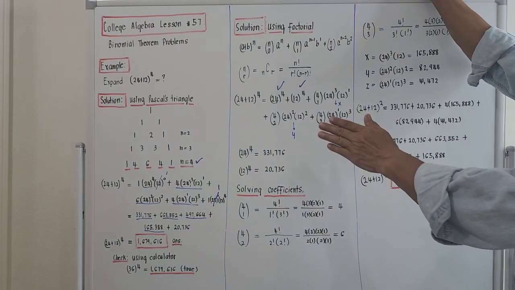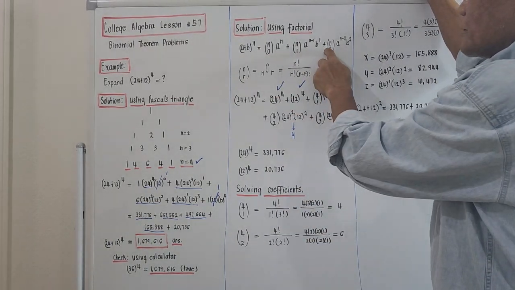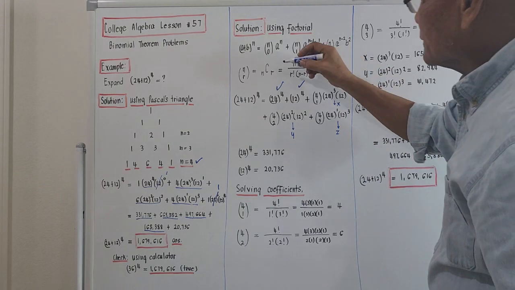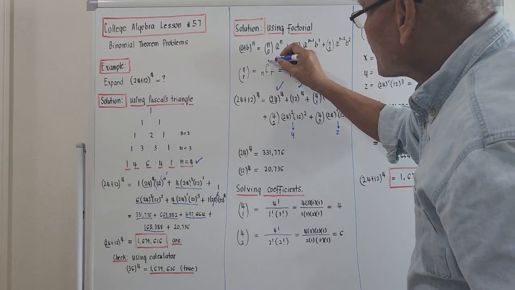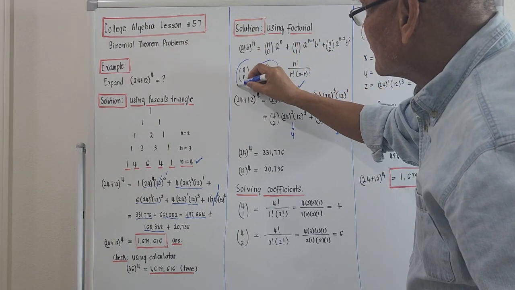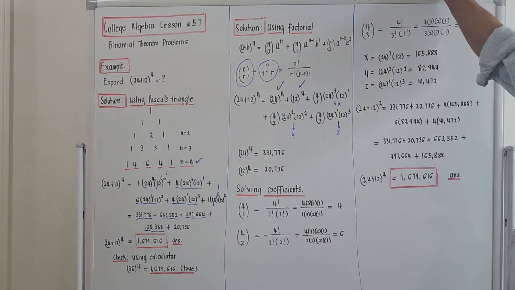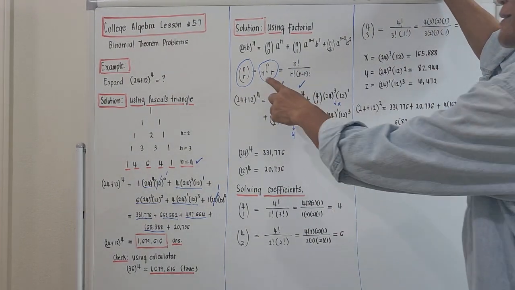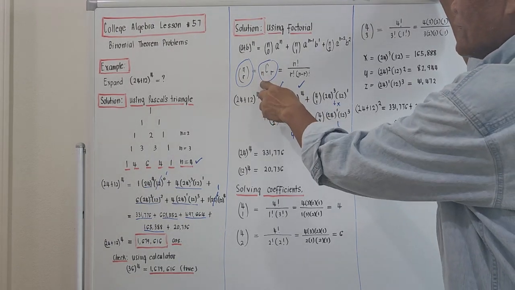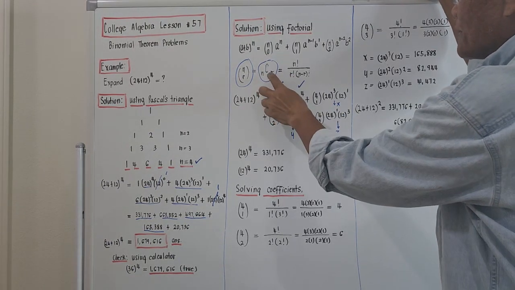And to compute the coefficient in each of the terms, the formula is this one. This is my first time to see a subscript in front: subscript n, capital letter C, subscript r.